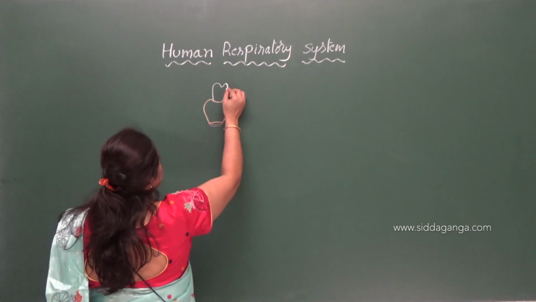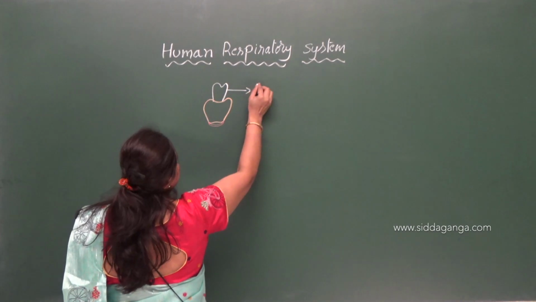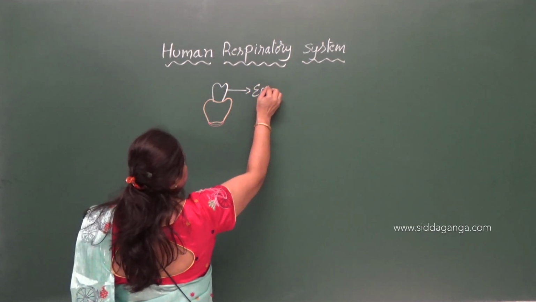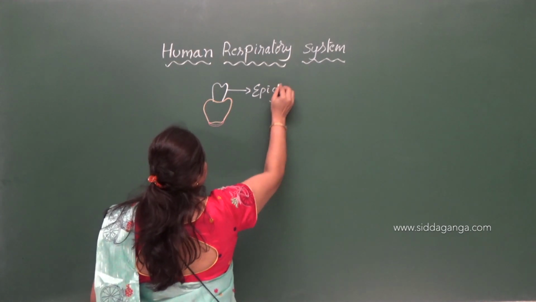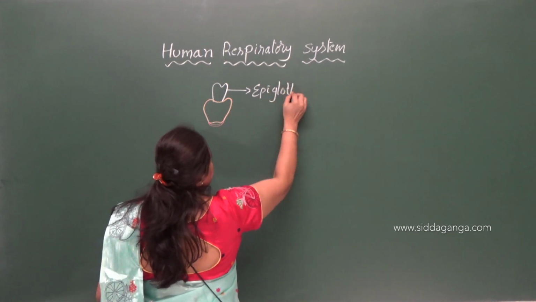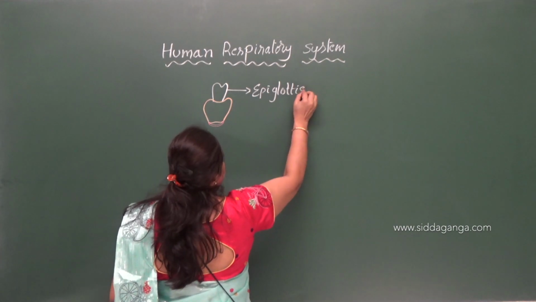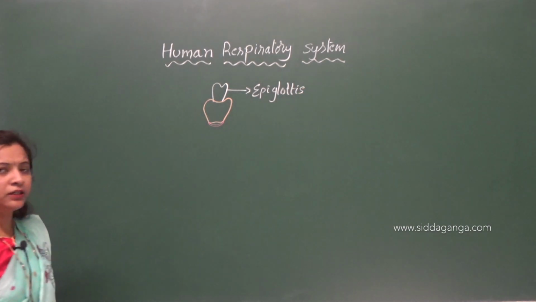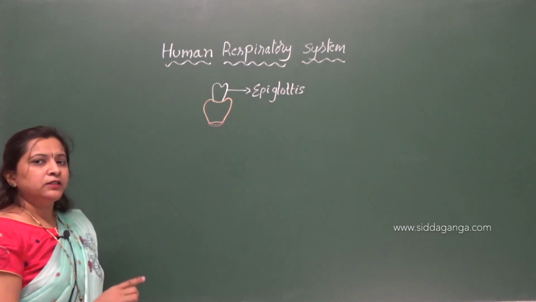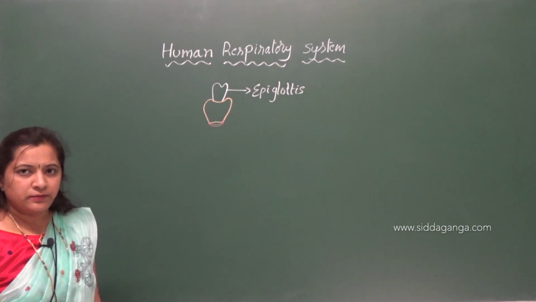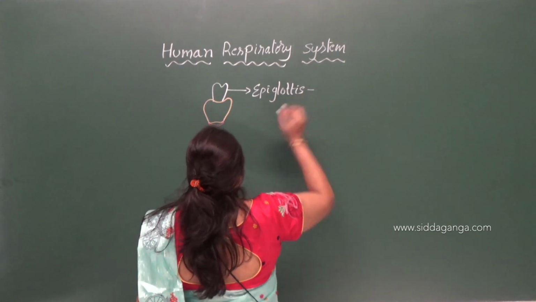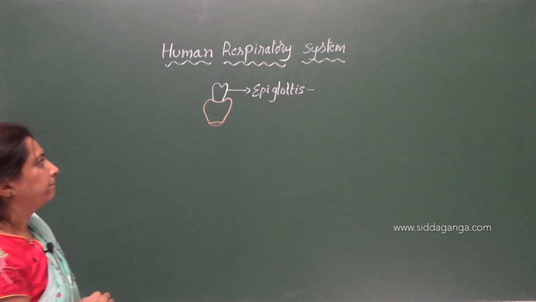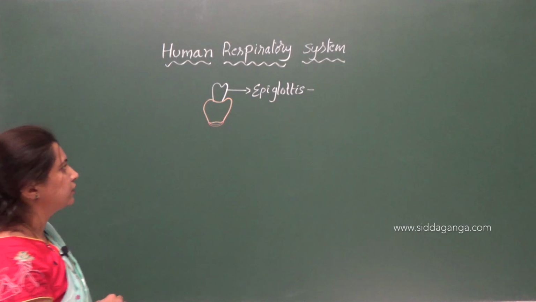So what is this? This is the epiglottis. What is the function of the epiglottis? It prevents the entry of food into the respiratory system. So it is having which type of cartilage?